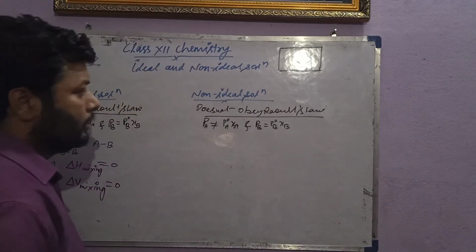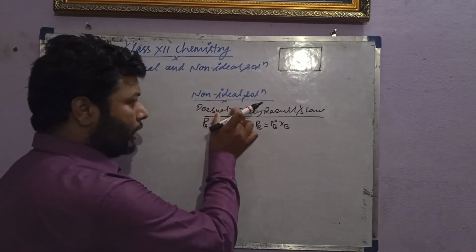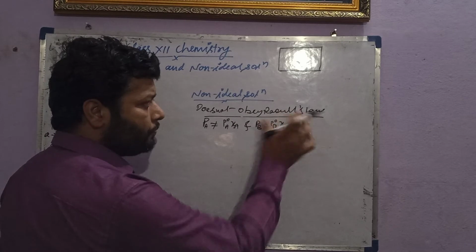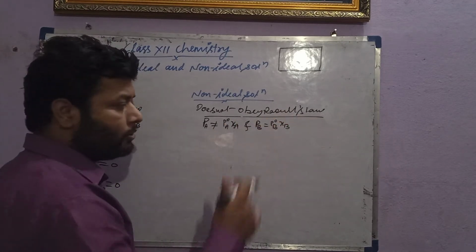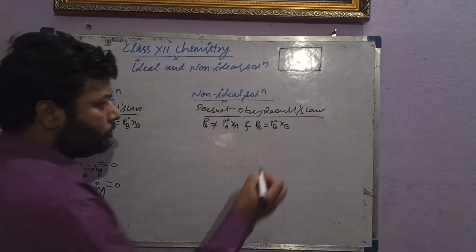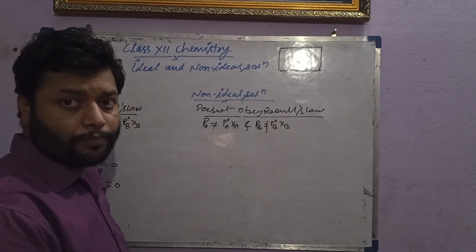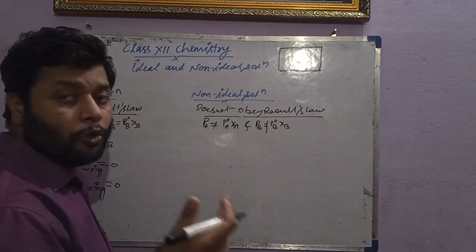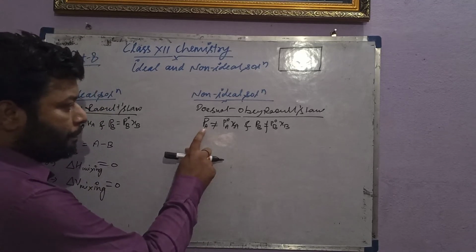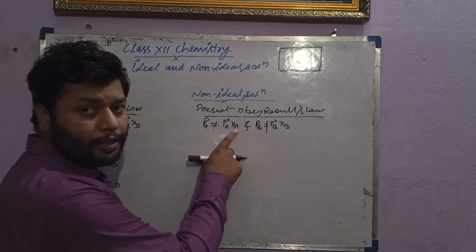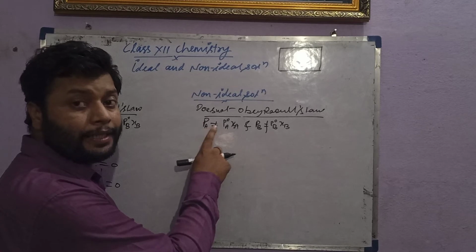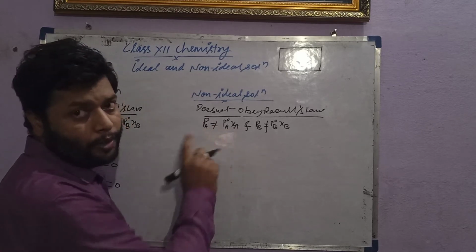If the solution doesn't obey Raoult's law, there should be two different conditions. What is the condition here? PA is not equal to P naught XA. So PA must be either greater than P naught XA or lower than it.